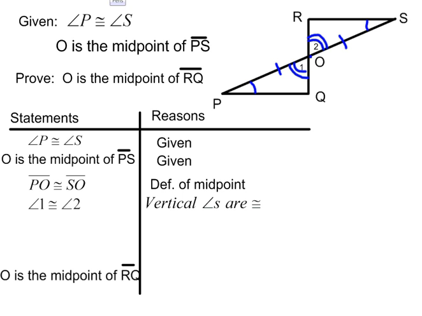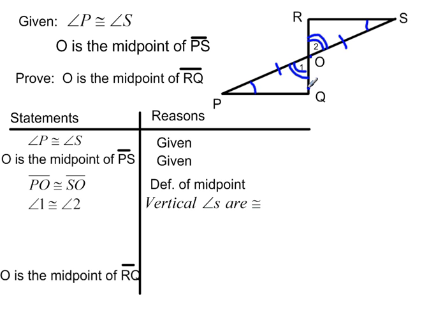So, I want to show somehow that point O is the midpoint of segment RQ. I can do it if I show that segment RO and segment QO are congruent. And I can show that they are congruent only if I show that this triangle and this triangle right here are congruent. So this is basically it.